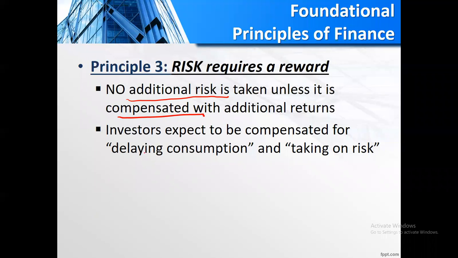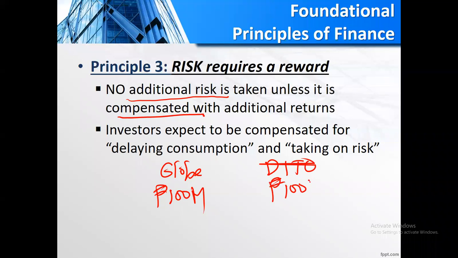I'd like to ask you this question. Globe has been in the business for very long. Dito is a newcomer in the industry, in the telecommunications industry. Suppose they both need 100 million. They would want to borrow, guys, and they would issue bonds. Bonds are long-term borrowings.